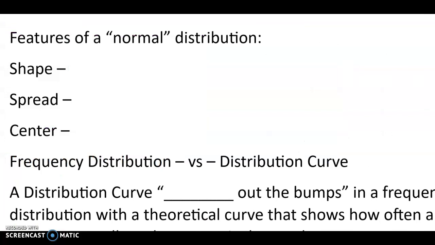Features of a normal distribution. Well, we can tell that in a normal distribution, it is kind of bell-shaped. And I'm just writing with my mouse, so handwriting's not the best here. Bell-shaped, and it is symmetrical.